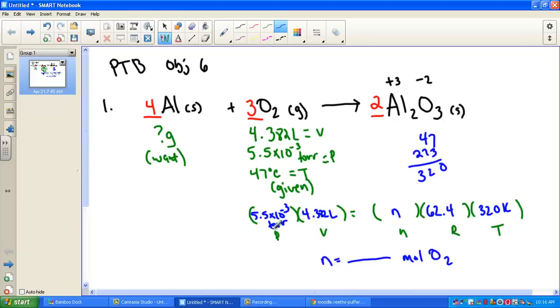Alrighty, so we want to do the side without the variable first, so we're going to hit P times V divided by R times T. So calculators, everyone hit with me.